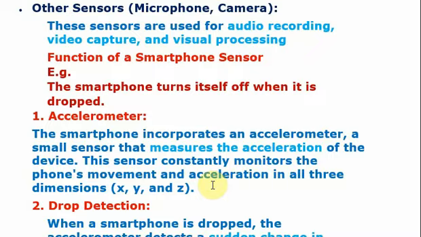Then it will automatically shut down the phone. Now for any kind of sensing, this procedure you need to remember. It will identify, then it will feed, then the software will process the fed data, and then accordingly it will take the action.